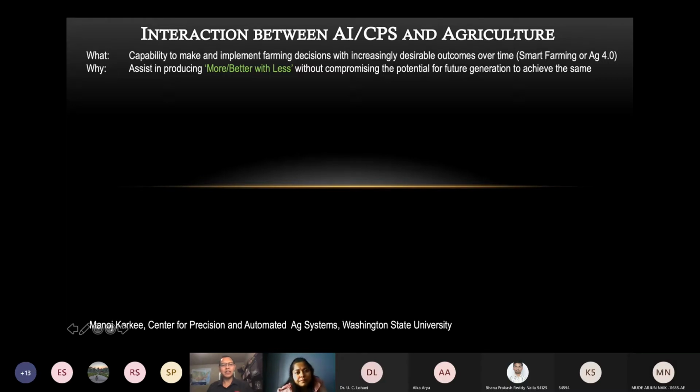These technologies, when they interact and work together, will provide us this capability to assist in producing more or better or both with as little as possible. When I say that, as little input as possible, such as labor, nutrients, water, and such.